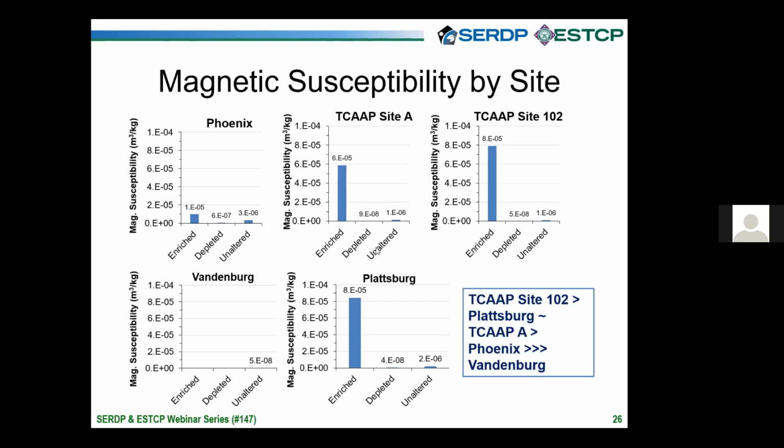And then there's a variety of magnetic susceptibilities in the unaltered fractions, meaning the fraction that we didn't apply the magnet to. The point of this slide is to communicate that we were successful in identifying sites with a range of magnetic susceptibilities, so we could test the hypothesis that magnetic susceptibility is related to the abiotic degradation of the chlorinated ethenes.